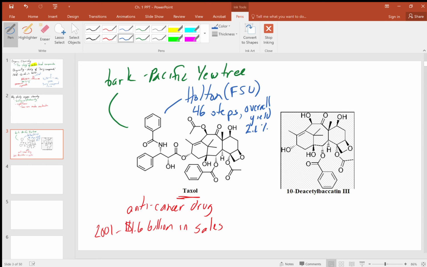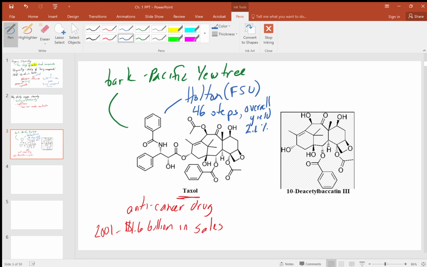Well, it turns out if you got 90% yield for 46 steps in a row, your overall yield would be 0.8%. So in other words, you've got to get better than 90% yield on every step for 46 steps to get this good of a yield.